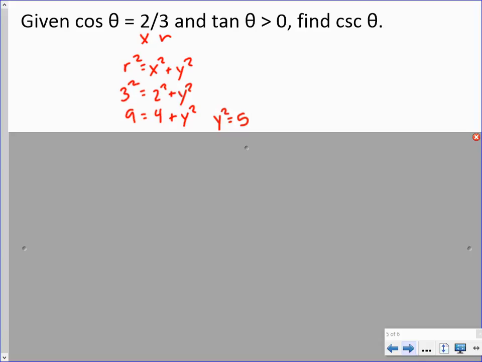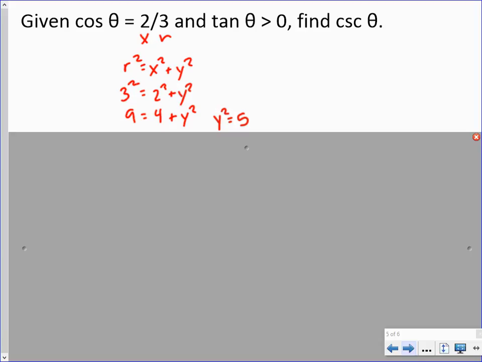Why is the tangent of theta greater than 0 important? So we know the tangent is not undefined. The only way the tangent could be undefined is if cosine were 0, because then it would have to be on the vertical axis, right?